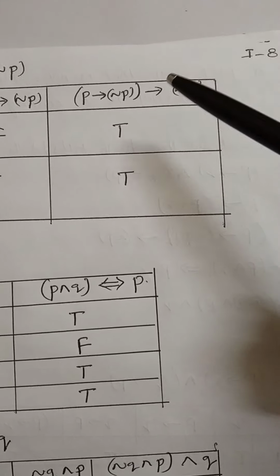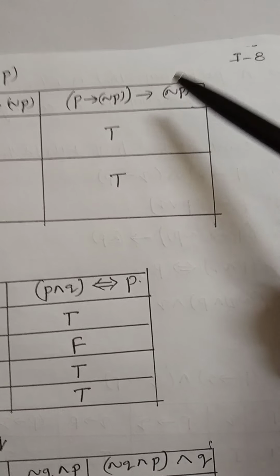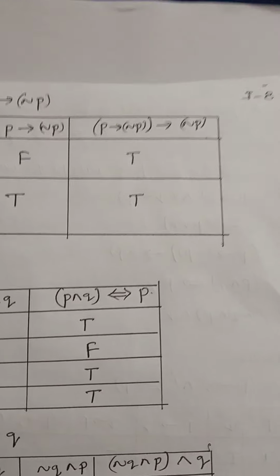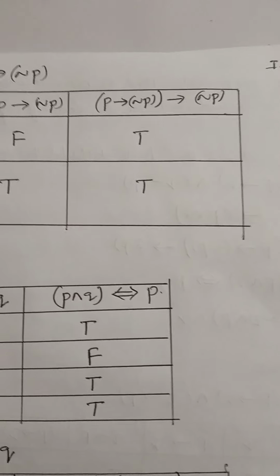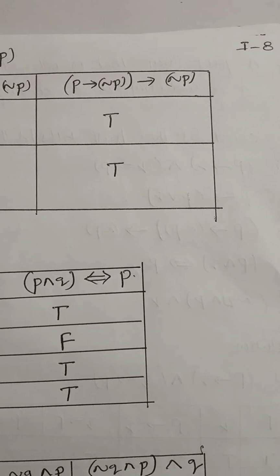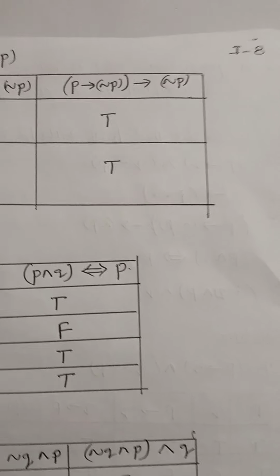Therefore this given propositional function or compound statement is a tautology, because this last column contains all truths. That's why the given compound statement is said to be a tautology.